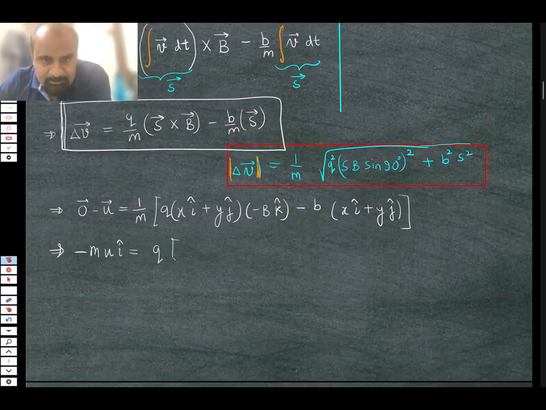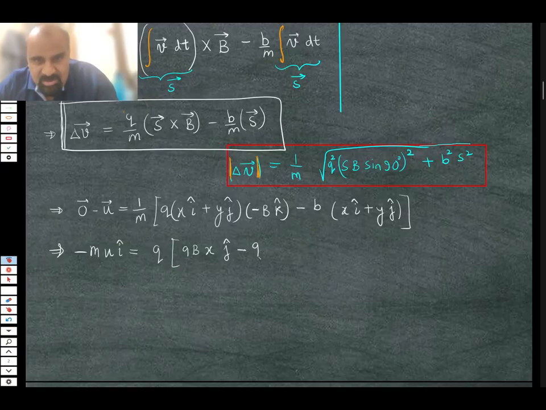So I cross k: I j k, I j k, I cross k is minus j. So q b x j, there was already one minus sign, so that's why this minus is gone. And then j cross k is I, so minus q y b I cap, and then minus x b x I cap, and minus b y j cap.